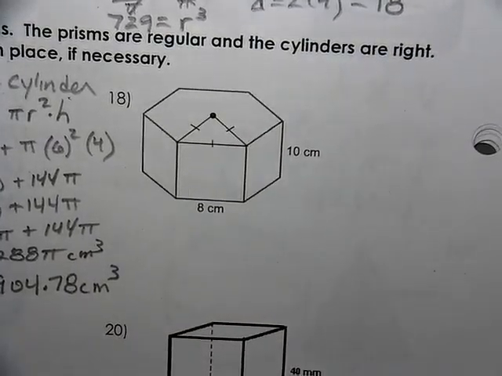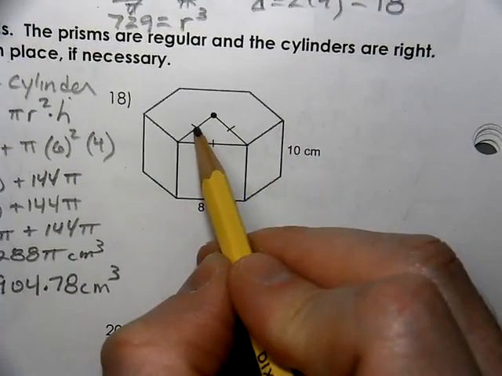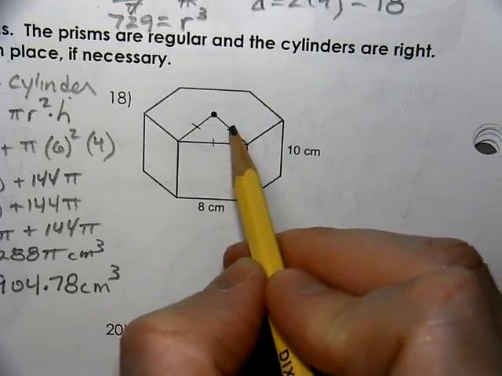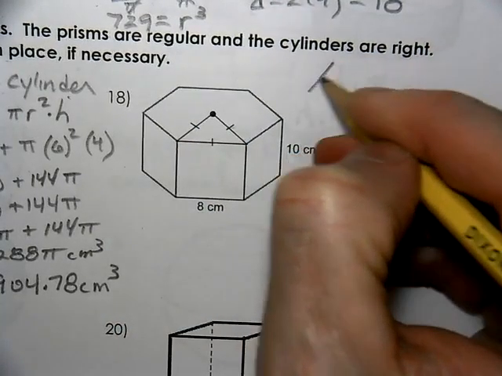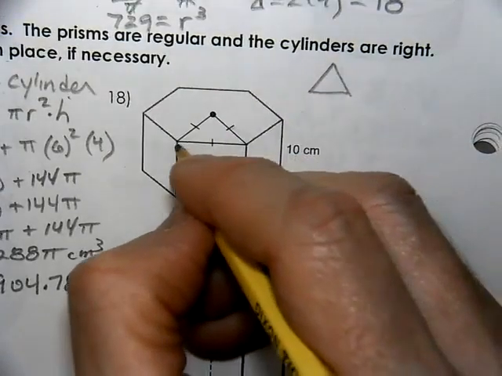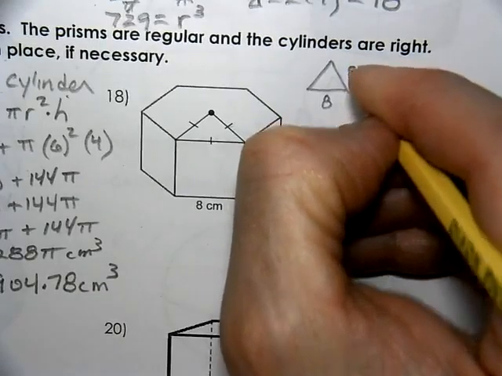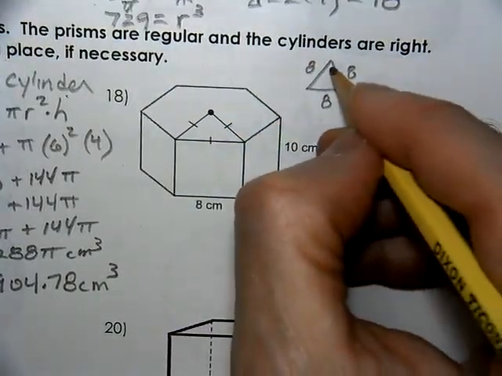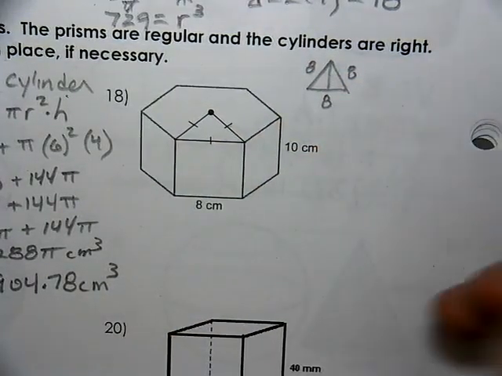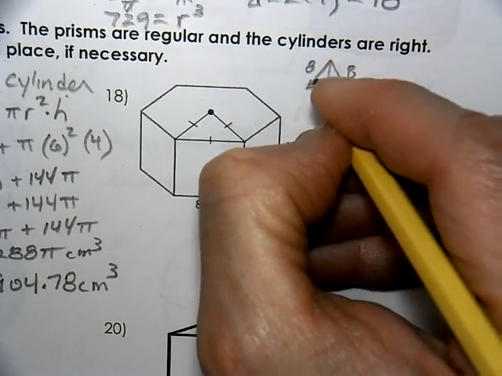Okay, this guy over here, this is going to be tricky. So, earlier, I worked with an equilateral triangle. Each one of these sides is 8. We're going to cut it down the side, and we know that all these angles are 60.